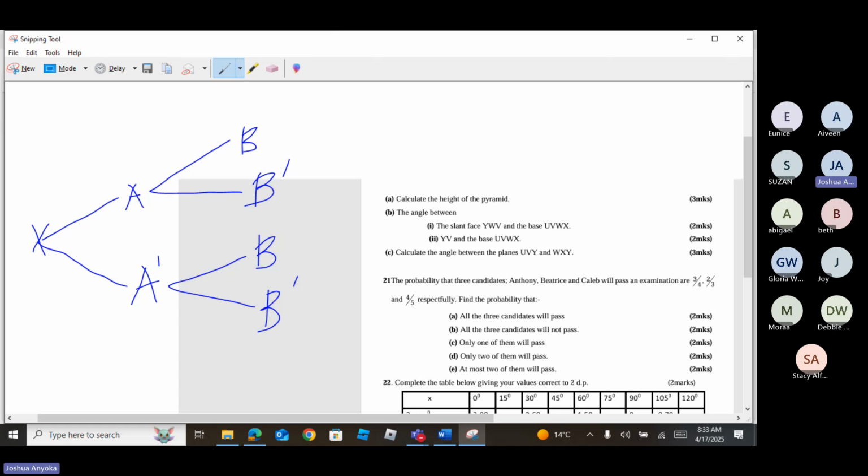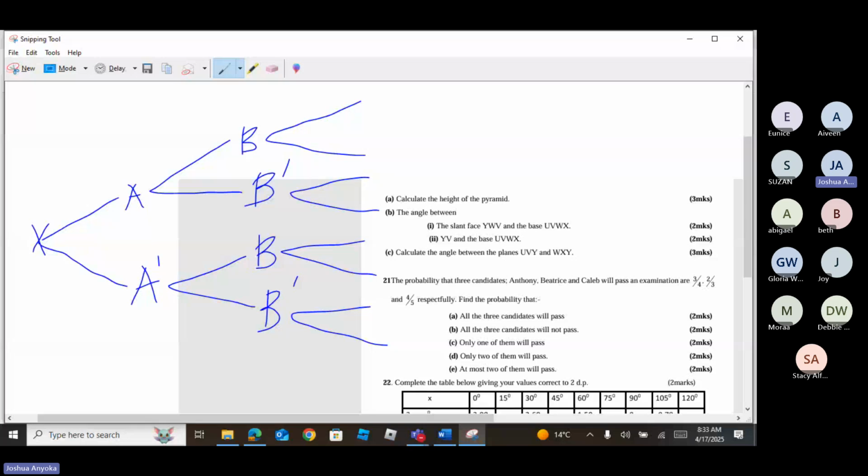After Anthony has done an exam, we observe whether he has passed or failed. Then we bring in Beatrice, who will also pass or fail. But the passing or failing of Anthony does not determine the outcome of Beatrice. The same case, we go to the third person, Caleb, after Beatrice has taken the exam.